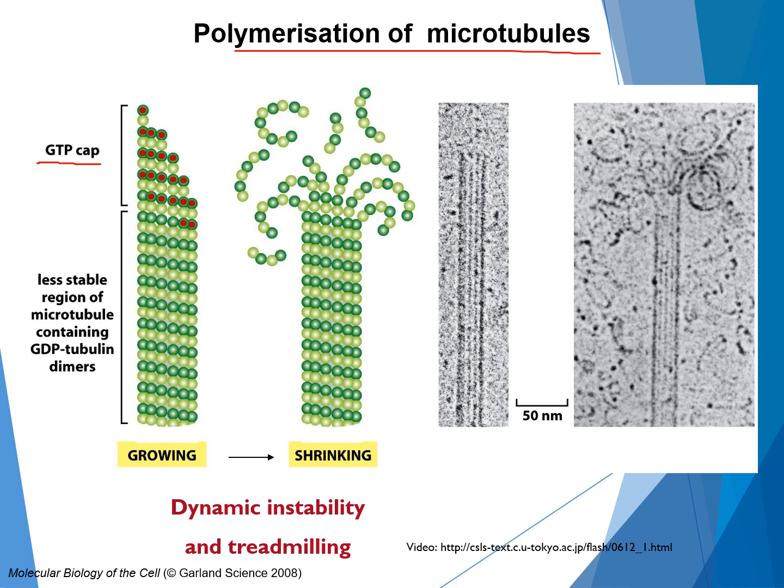In microtubules, the growing and shrinking occurs by the polymerization and depolymerization of the protofilaments, or it can also be the dimer itself, the alpha and beta tubulin dimers. It shows that the less stable region of the microtubule contains the GDP tubulin dimers, while over here they have the GTP, which is very stable.